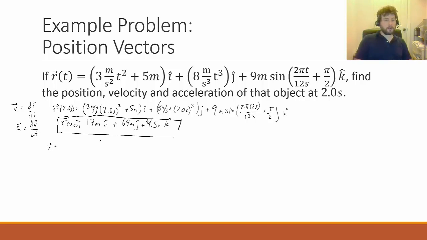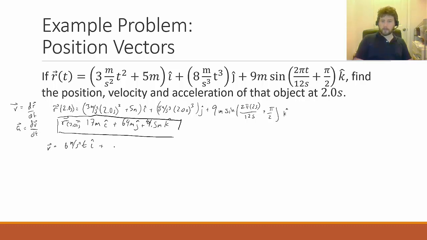So if I take a derivative of a vector, I'm going to take the derivative of each component separately. I take the time derivative of the first part, that's just a polynomial. The derivative of a polynomial brings down the power, and then the power is one less, so it would be 2 times 3, which gives me 6 meters per second squared times the time, and then the extra 5 meters just drops out because it's a constant.